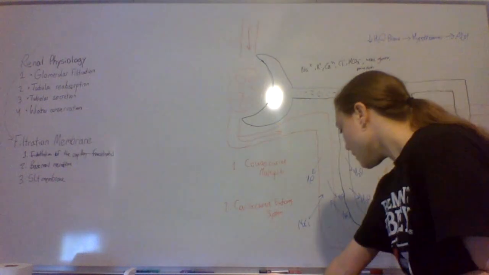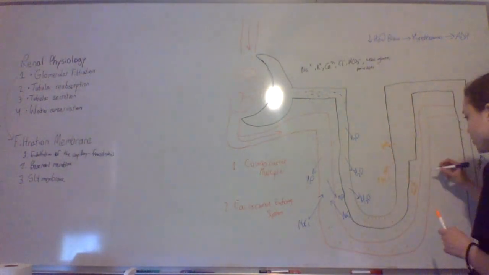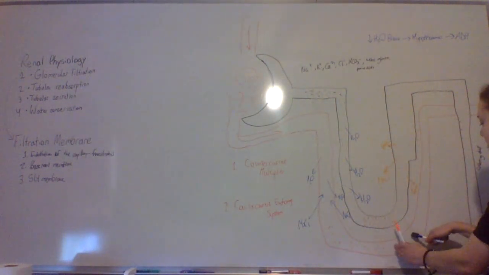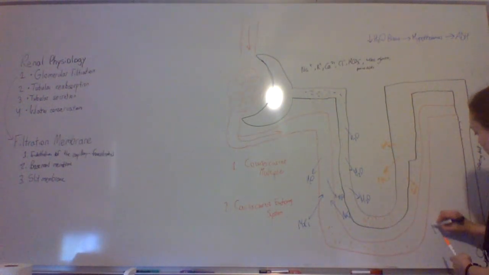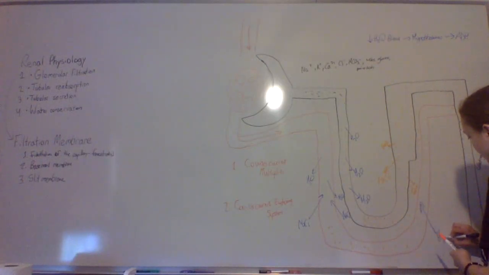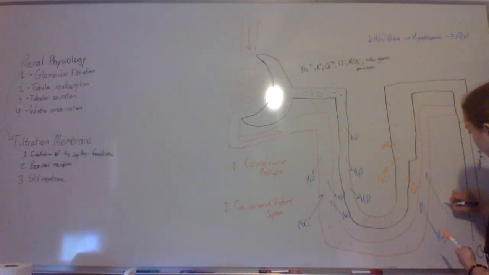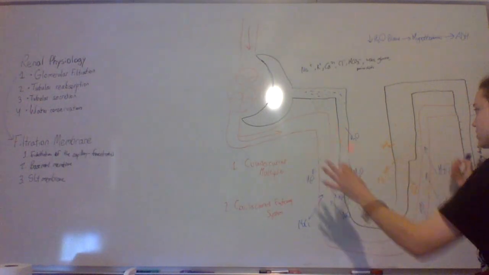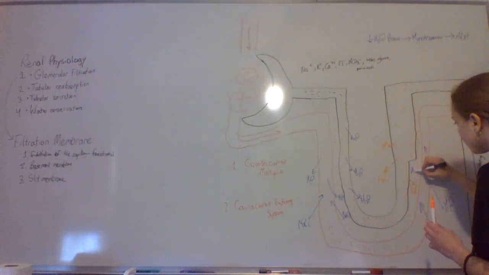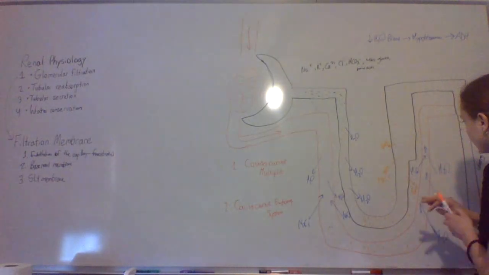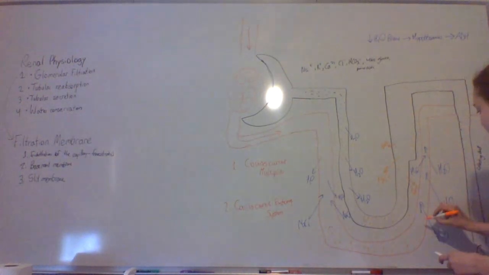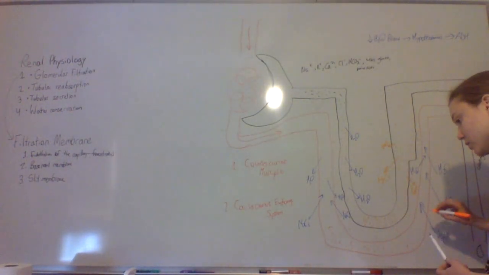Now, in the upward segment, H2O goes back in because it sees all this salt in the blood, and so it wants to go back in. And that's happening over here as well. H2O goes in, and NaCl goes out.